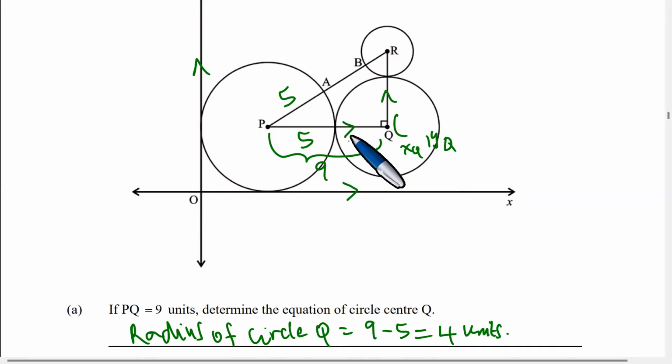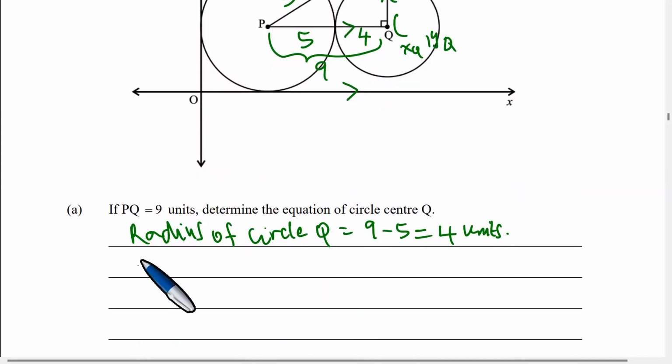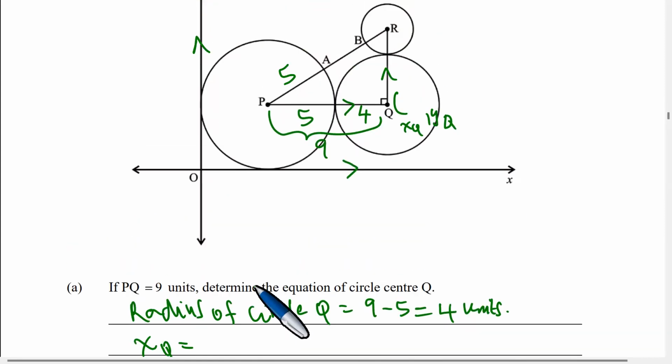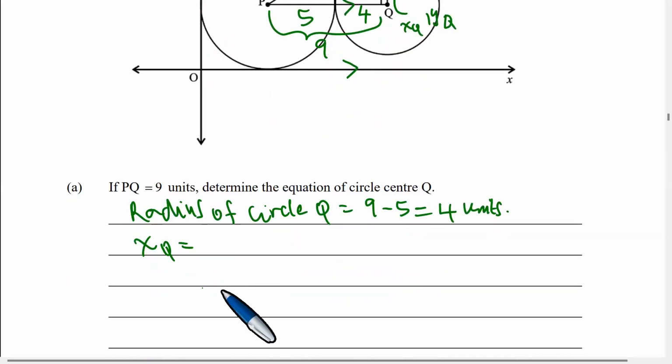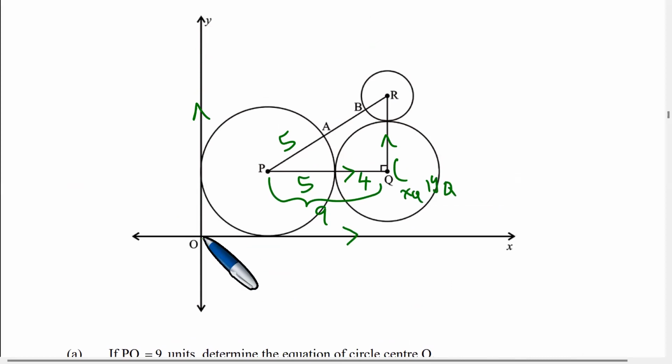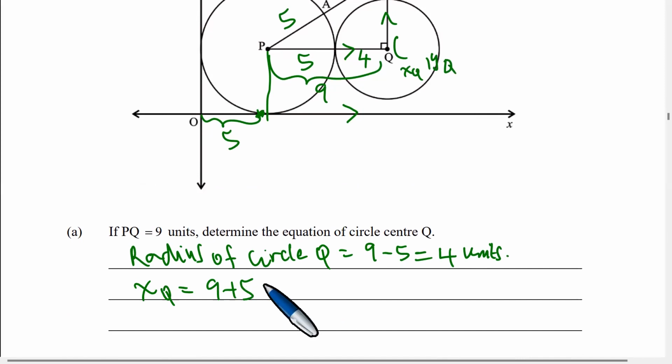XQ is going to be precisely 9 plus 5, because we already know that the distance from here to there is 5. So we have 9 plus 5, which is 14.